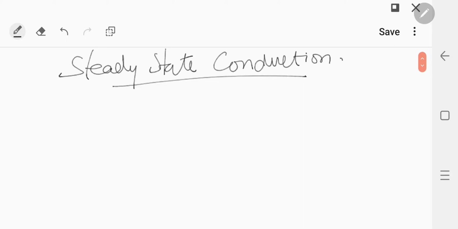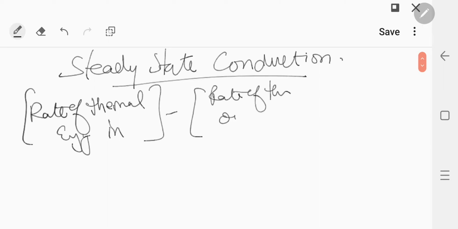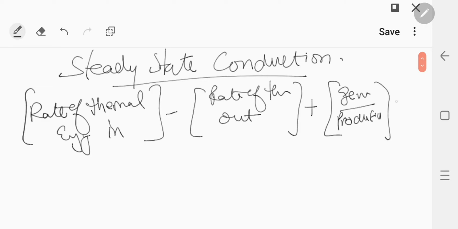So let's start with the first basic general equation of energy, that is: rate of thermal energy in, minus rate of thermal energy out, plus there is some generation or production of energy within the system, is equal to 0, because of the steady state. So that's the basic general equation which we'll be using in steady state conduction.